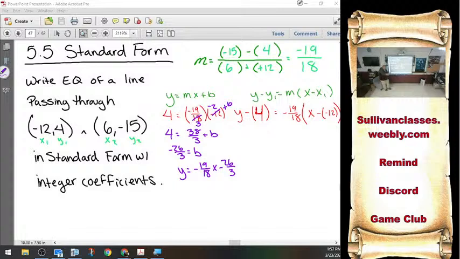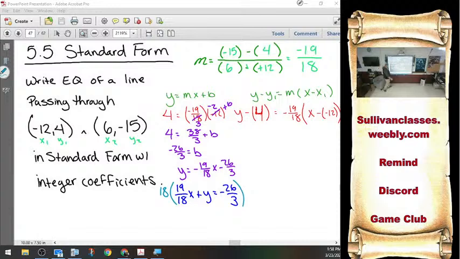All of your variable stuff to one side, non-variable stuff to the other. And it looks so disgusting because this whole way we had fractions. Let the calculator do the heavy lifting if you need to. The last stop on the train is to get rid of those fractions.